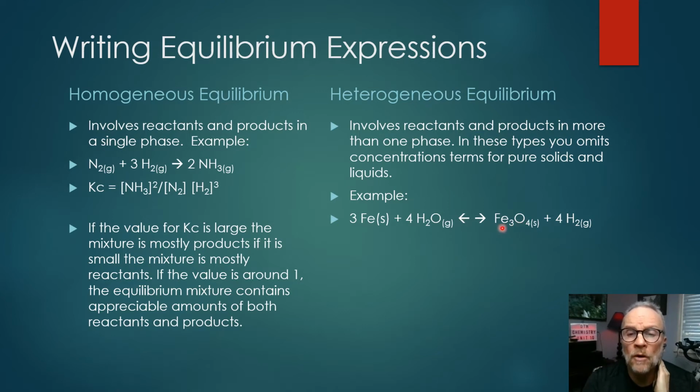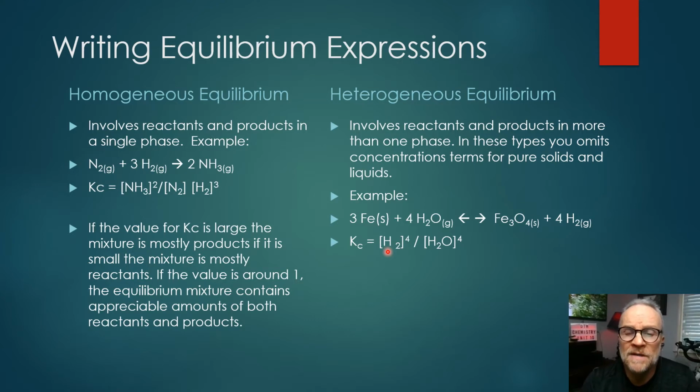It's important to note here that even though they're not in the equilibrium expression, they have to be present for the reaction to occur. But they maintain their concentrations, and their concentrations don't change, and so the concentrations of the water and the hydrogen are the most important.